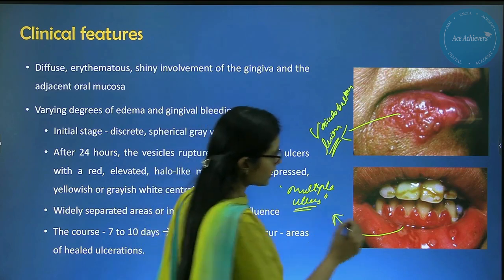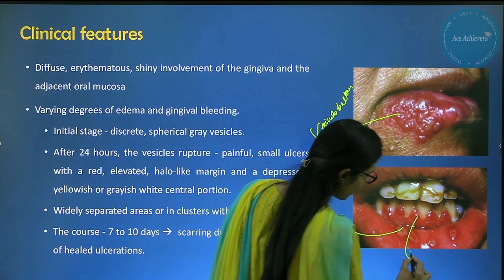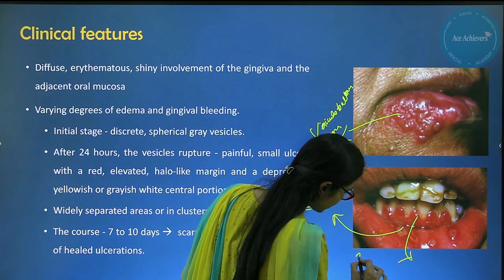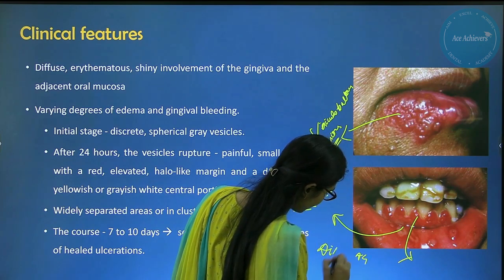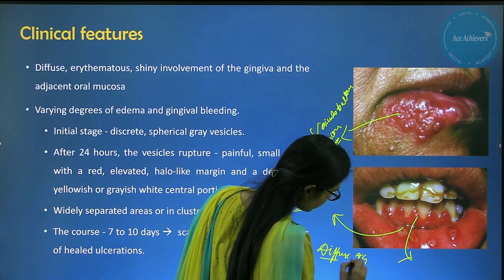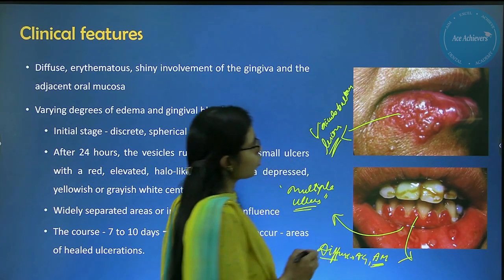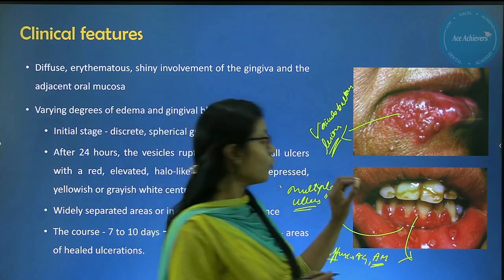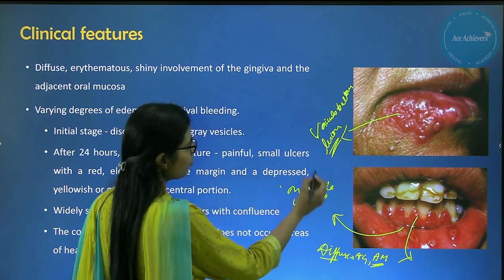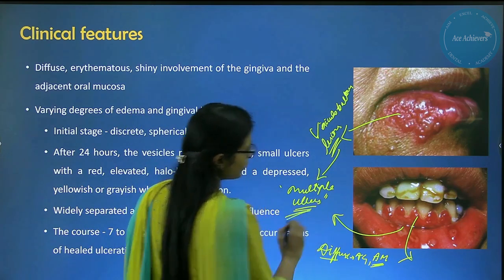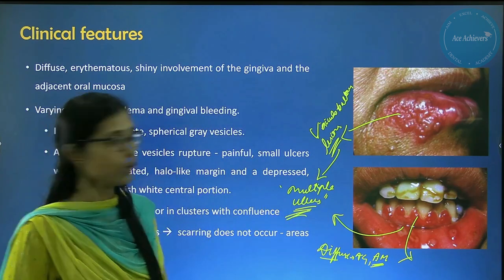Okay, so initially there is going to be diffuse involvement of the attached gingiva and the alveolar mucosa. Okay, later on there is going to be formation of vesiculobullous lesions. These vesiculobullous lesions rupture and form multiple ulcers in the lips and the entire oral mucosa.